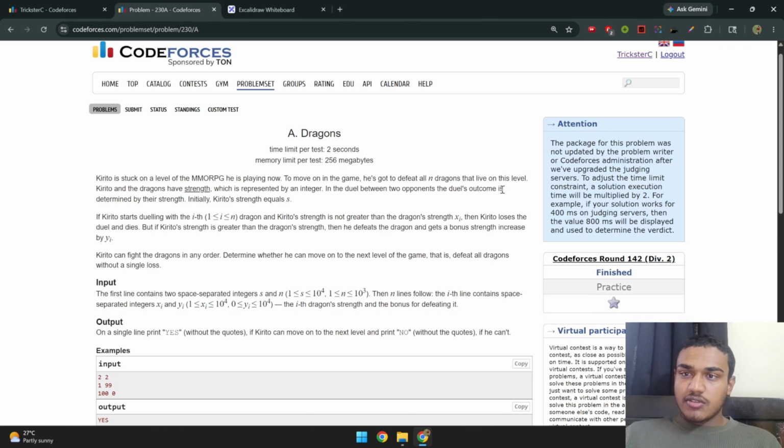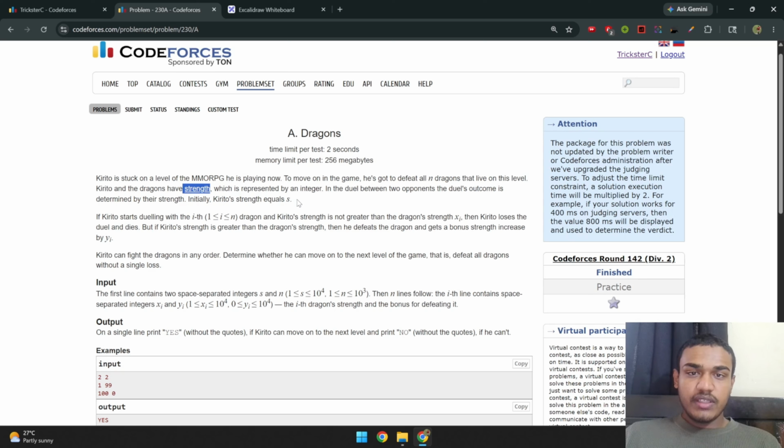So we have this player who's playing this game. There are n dragons that live on each level, and these dragons have some particular strength. Both our player and the dragons have some particular strength, which is represented by an integer.